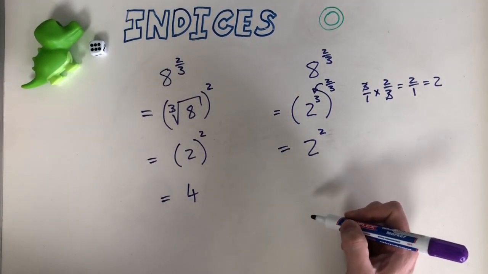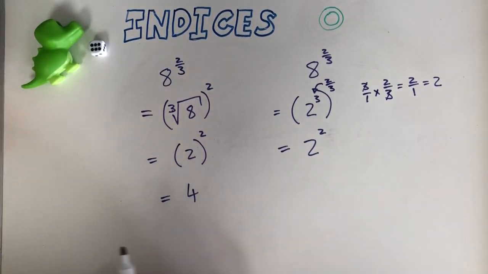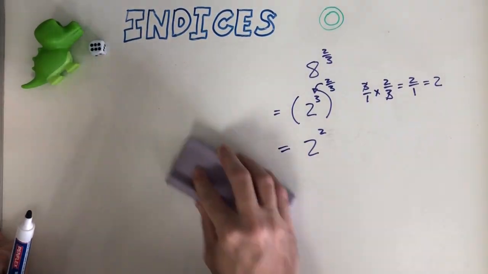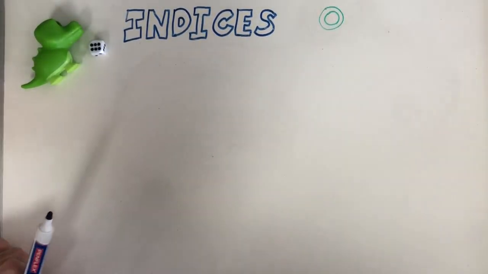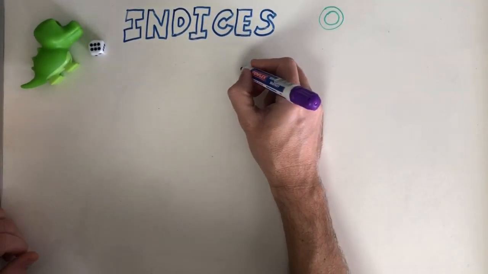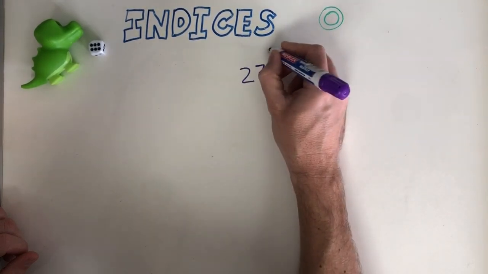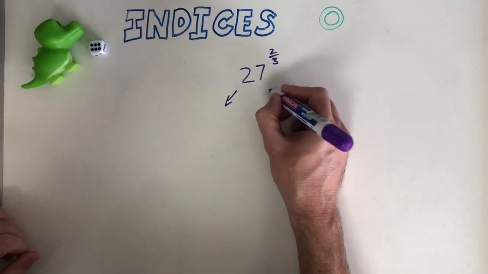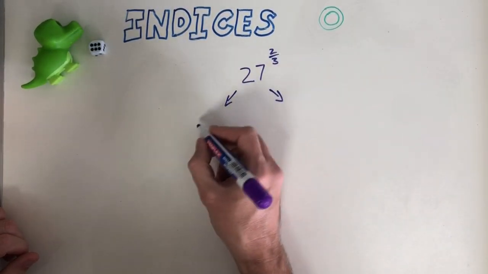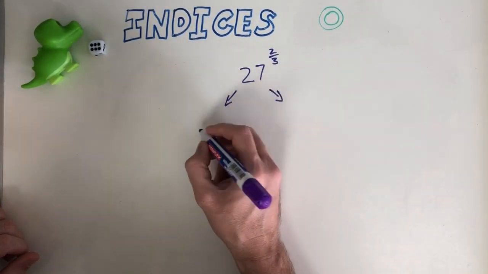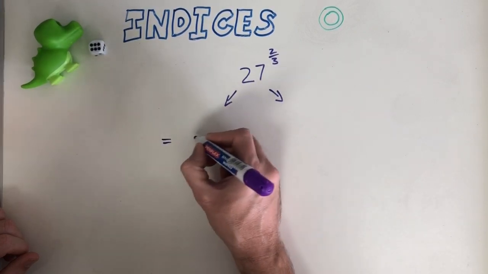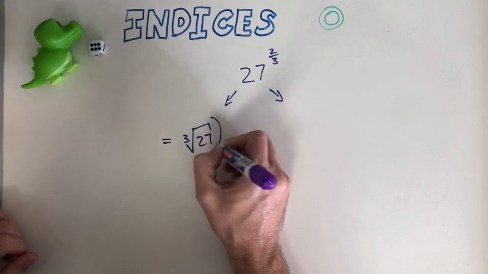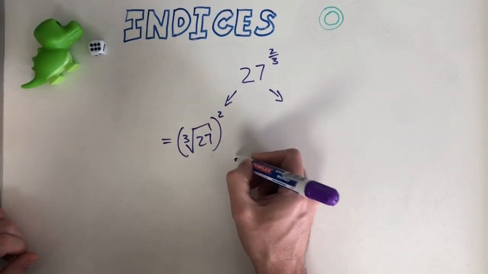Let's do a different example. Let's say we did 27 to the power of 2/3. I know that's not the easiest thing to do. Again, I have 2 ways of solving this. The one is I can go the root route, doing the cube root of 27, and that squared.